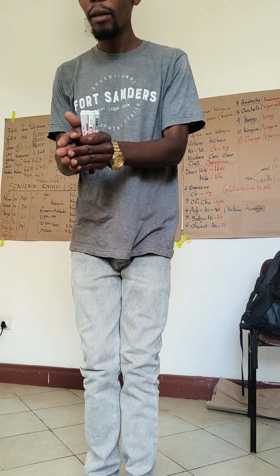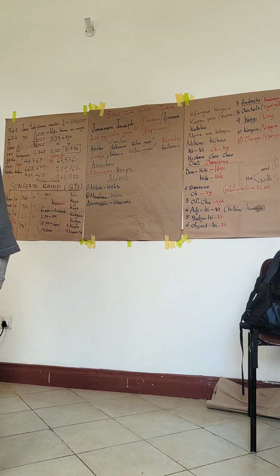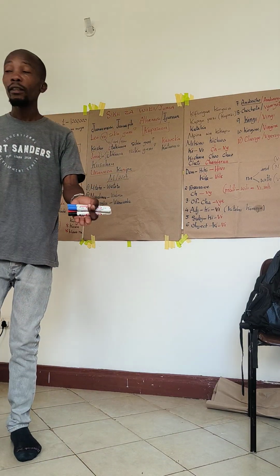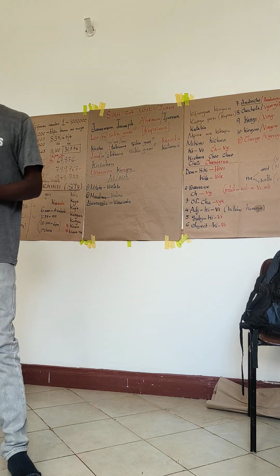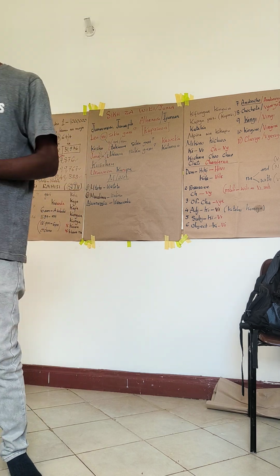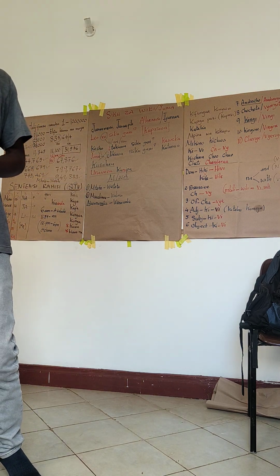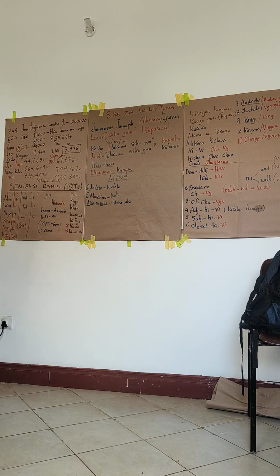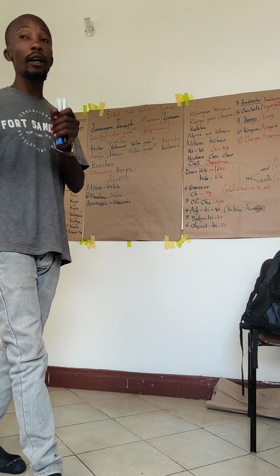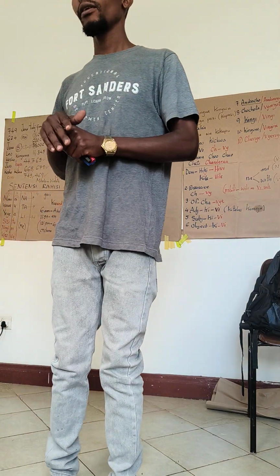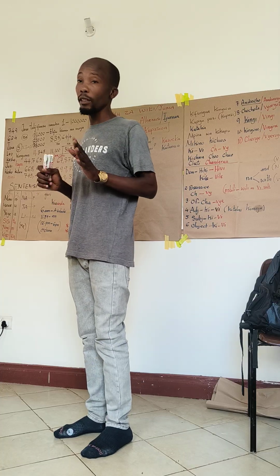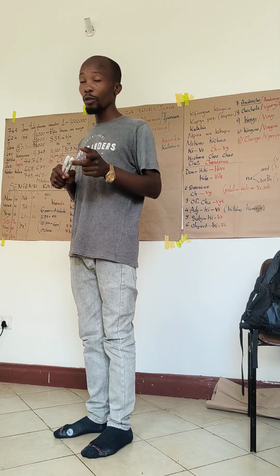Baba, mama, babu, bibi, rafiki, shangazi, which means aunt, binti, daughter, and binamu, cousin. All these do not have a plural form. But when you go out, I am pretty sure you will hear people saying marafiki. That is wrong. It should be rafiki.